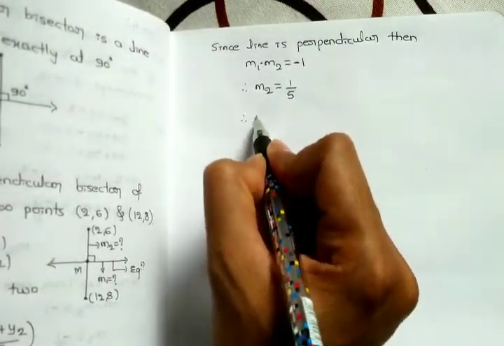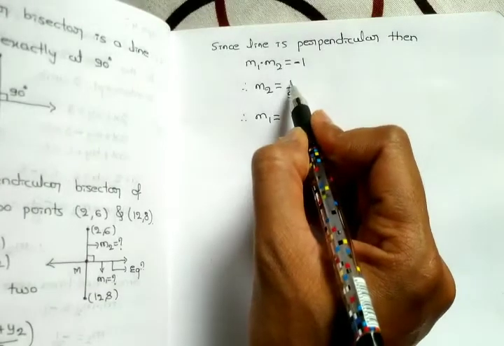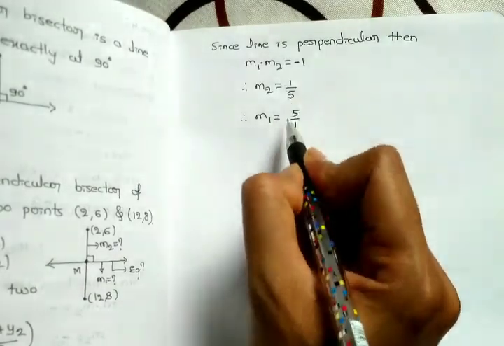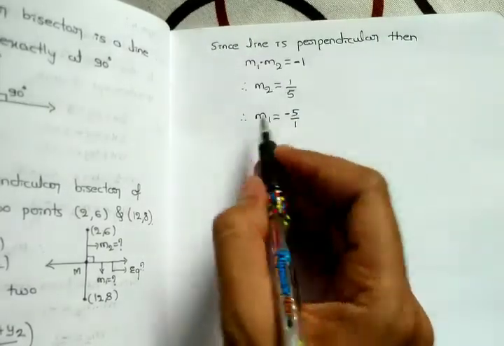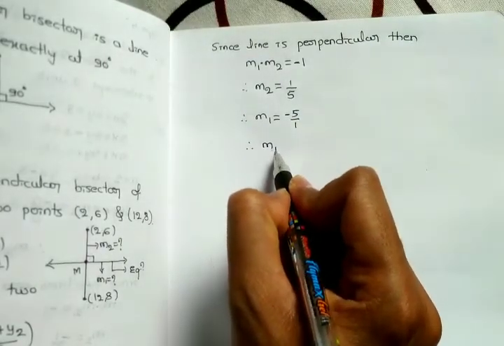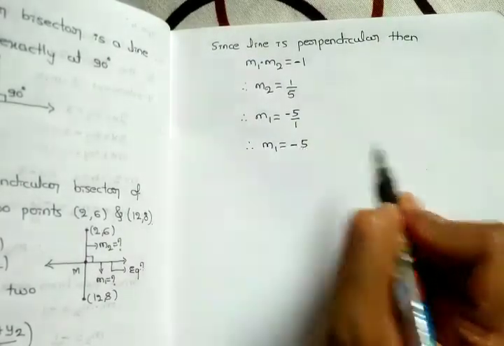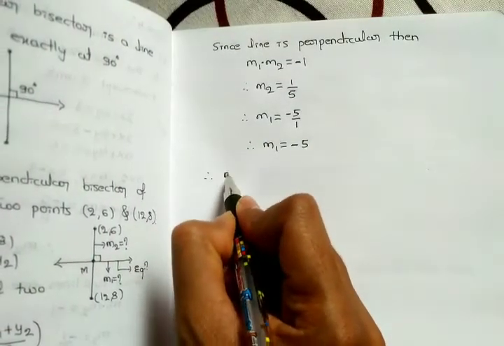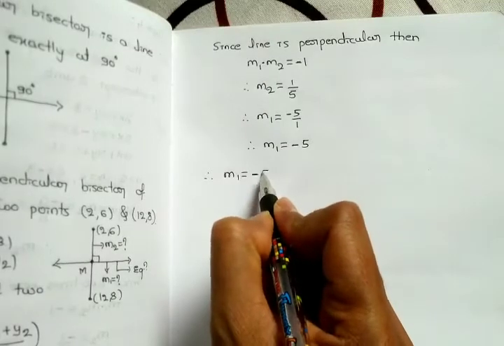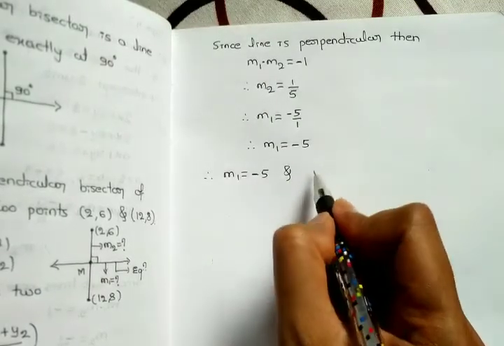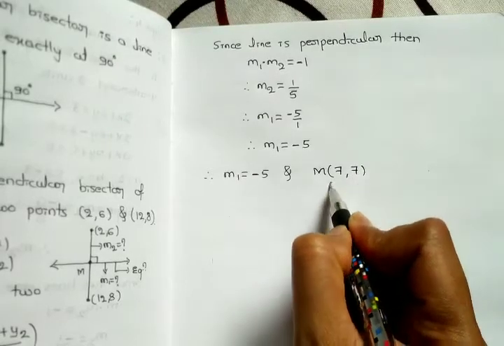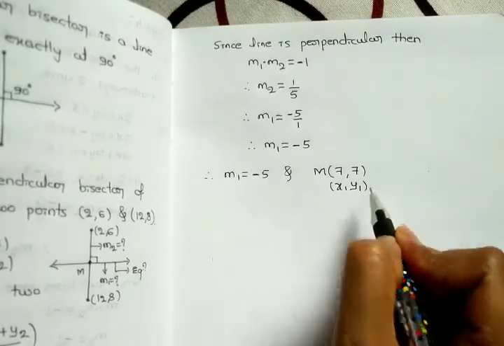Therefore for m1, take the reverse of m2: the reverse of 1 by 5 is 5 divided by 1, and for the opposite sign, take the negative sign. Therefore m1 is minus 5, and you already got the point M, which is (7, 7). Consider it as x1, y1.